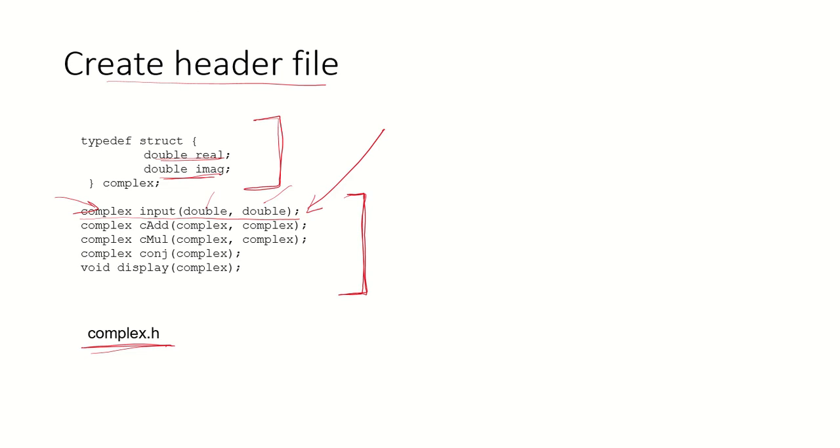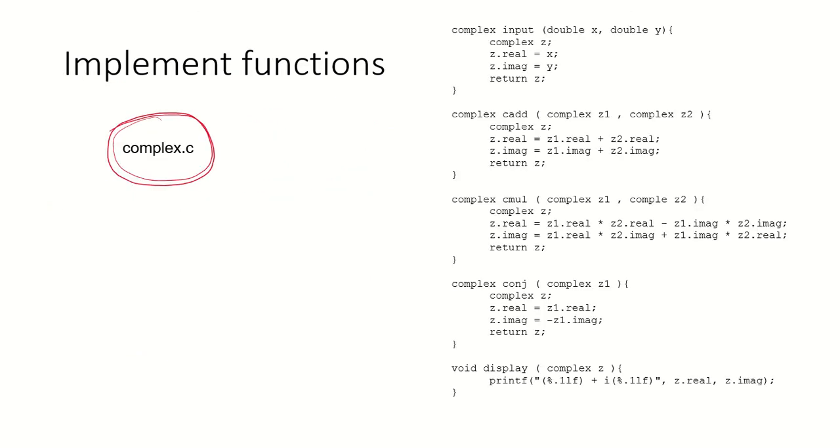That if the user gives any two parameters of type double, you should be able to create a complex number and return a complex number to the user. So this was the prototype, complex input, double x, double y, and now this is the function definition. You have a new variable defined, complex z, and z.real is equal to x and z.imaginary is equal to y, and we are going to return z, which is a complex number.